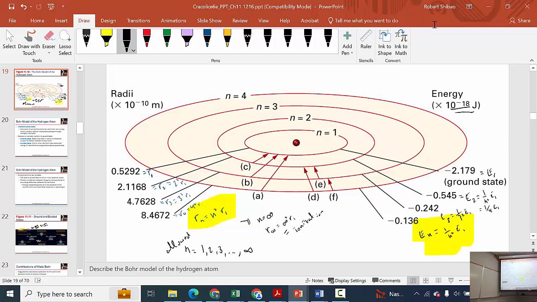Like a mathematical postulate? A postulate is just taken without proof. We postulate that. And so Bohr postulated that these were forbidden because they're forbidden. And that's what's observed.